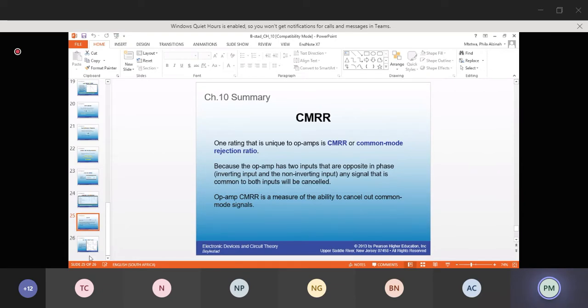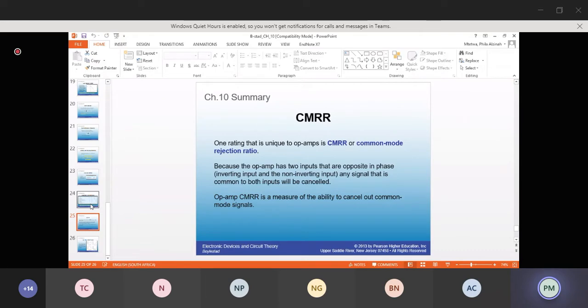I'm noticing here that on those slides, I don't have a formula for common mode rejection ratio, but it's normally given by 20 log AD over AC. It's calculated in decibels, where AD is the differential gain and AC is the common mode gain. Differential gain, like you have differential inputs, the difference between the two inputs, like we're looking at the inverting input and the non-inverting input in our amplifiers.